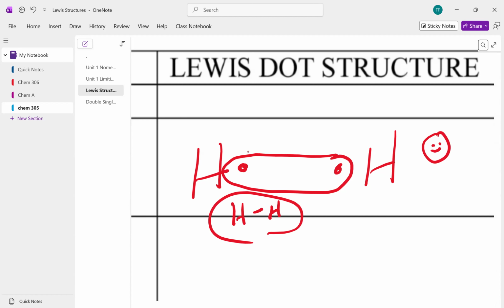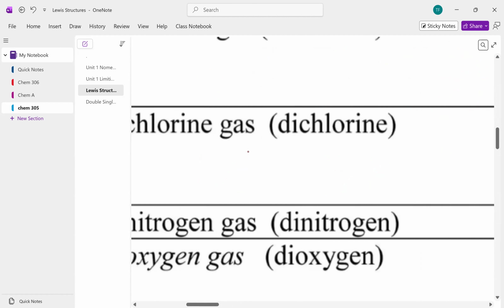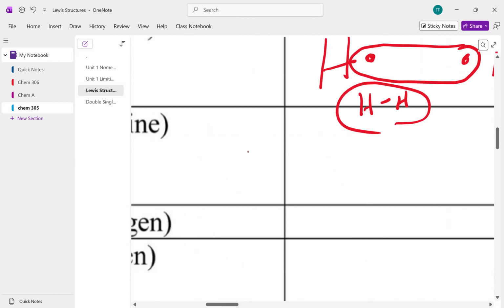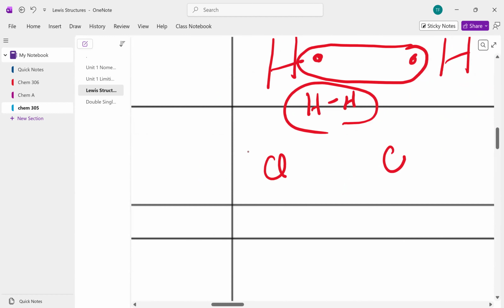Okay, so let's do another one. Dichlorine. Chlorine has got 7 valence electrons. Only one singleton, though.